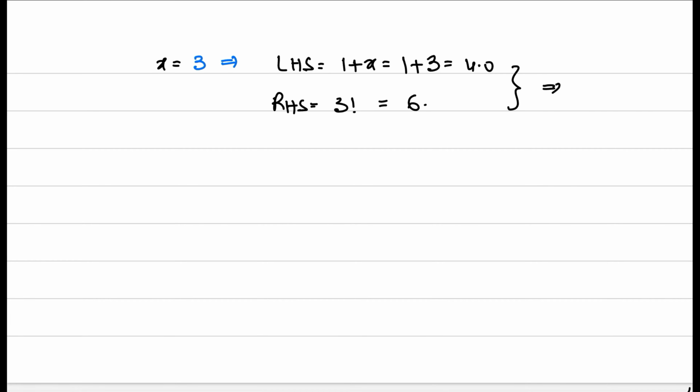That implies left hand side is equal to 1 plus x, which is 1 plus 3, equal to 4. Right hand side is equal to factorial 3, which is equal to 6. Here you see the difference. Left hand side is less than right hand side, but still not equal. Hence not acceptable.